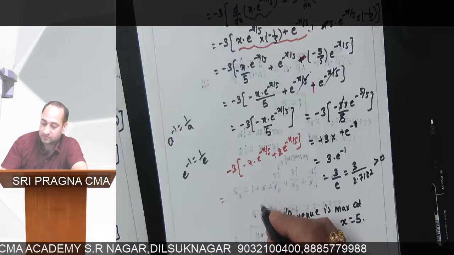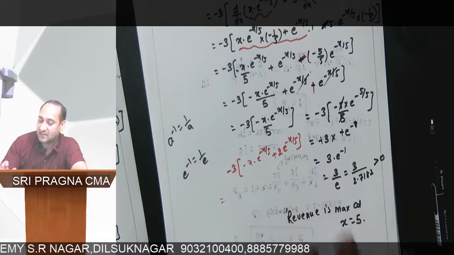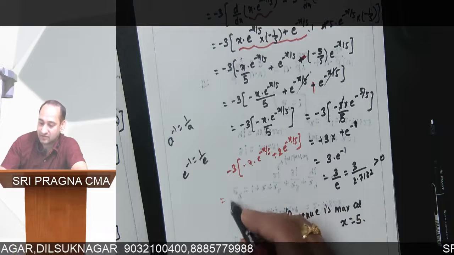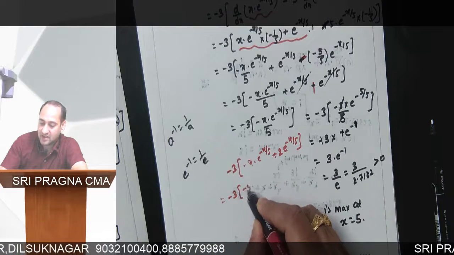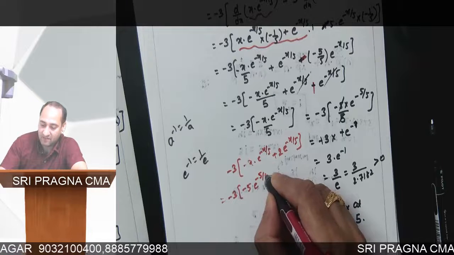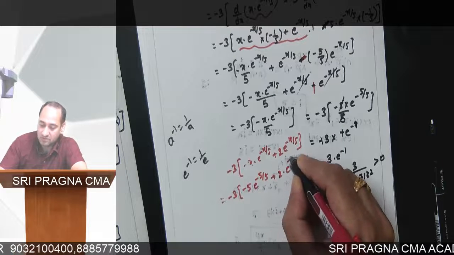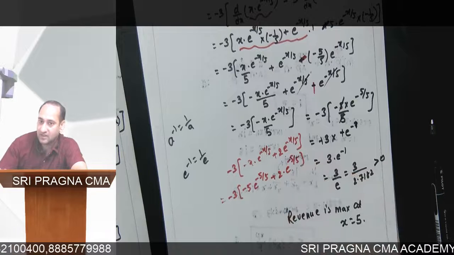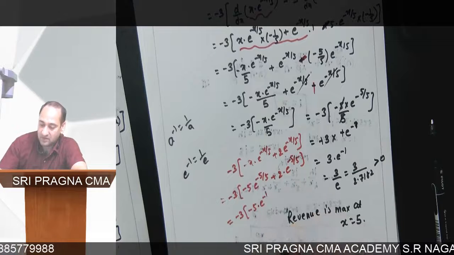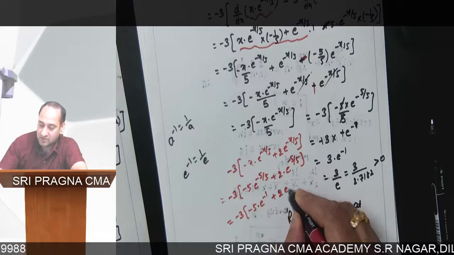Okay, so what I need to do? Put the value of x here. Okay, put the value of x here itself. Don't do so many solutions, otherwise you will get confused. So minus 3, minus 5, the value of x is 5. So e to the power minus 5 by 5 plus 2 into e to the power minus 5 by 5. Okay, so minus 3 minus 5 e to the power minus 1 plus 2 e to the power minus 1. Okay, so how much are you going to get?